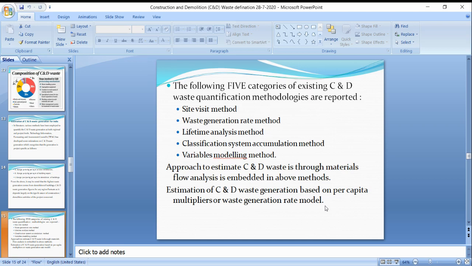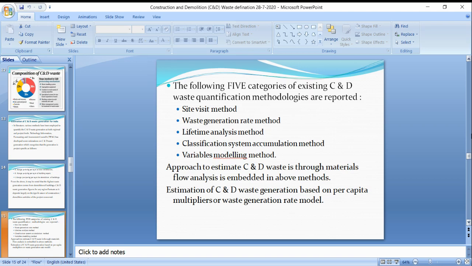In lifetime analysis, you see how much waste will be generated from the project, and also the variables modeling method. So these are the methods by which, by visiting, they can identify the waste.